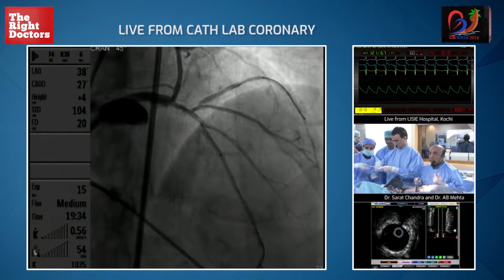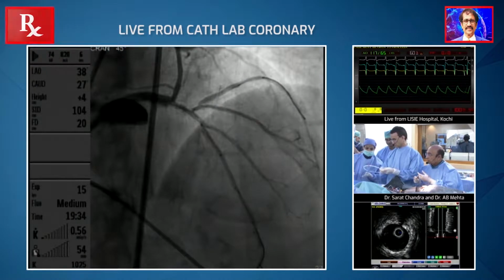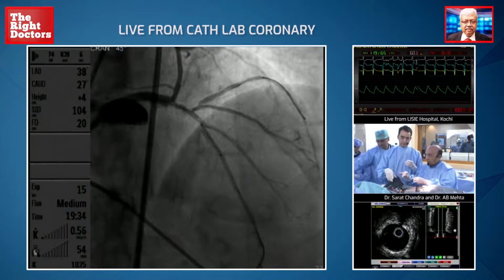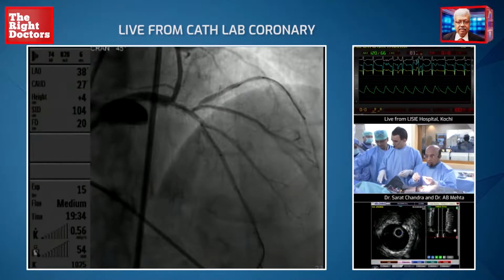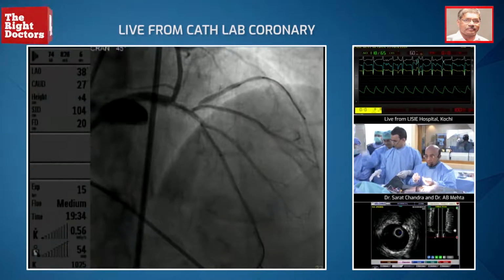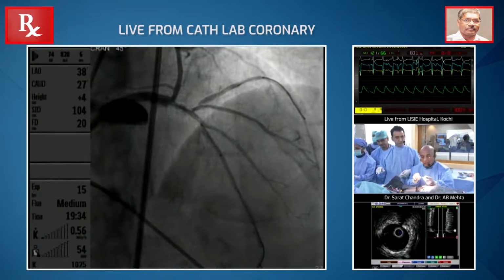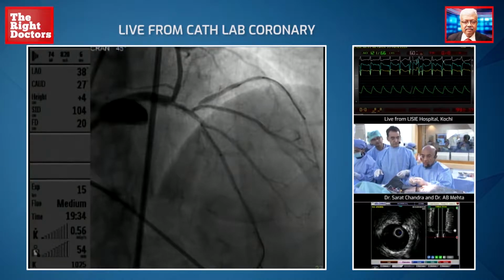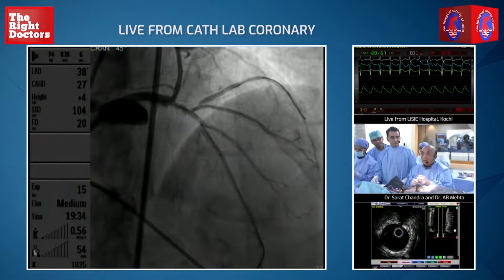Do you do IFR routinely post-procedure, or is it only for demonstration here? No, I think it's very valuable to do post-procedure. Although we understand that this is a theoretical derivation, certainly in our experience, we'd either do IFR or FFR post-procedure to make sure that we've optimized the result by physiology.